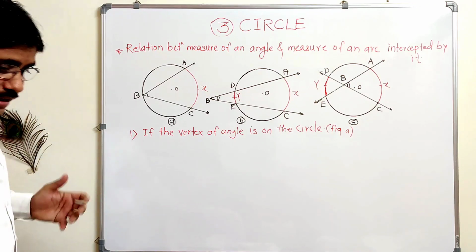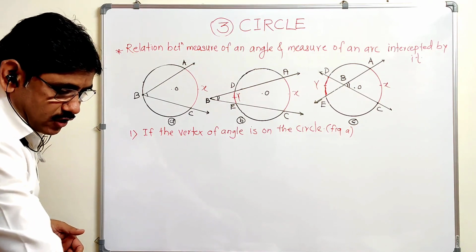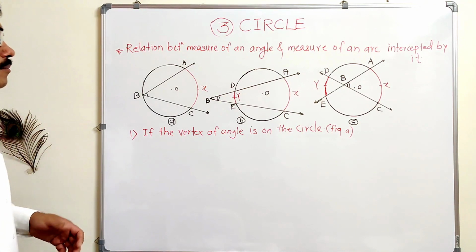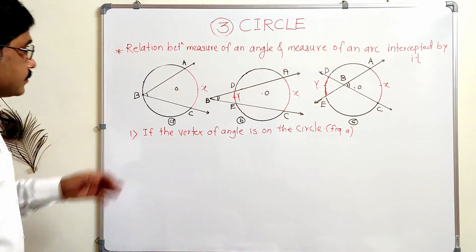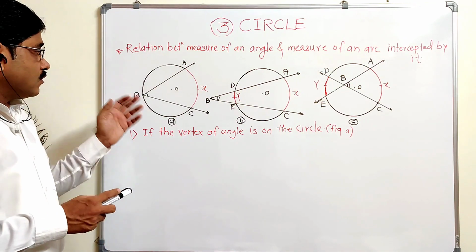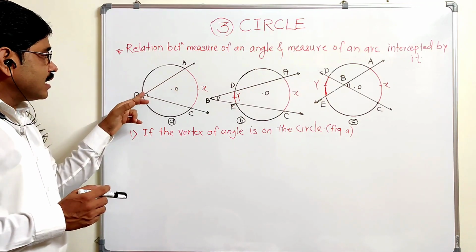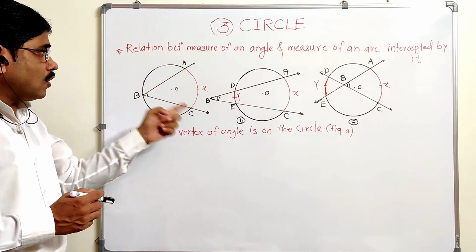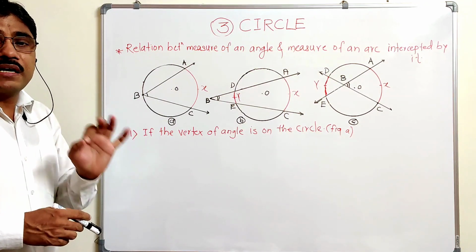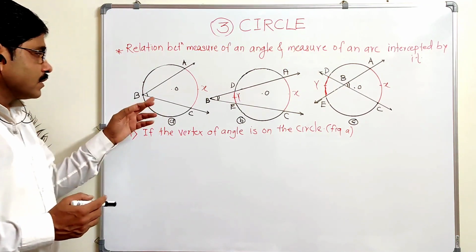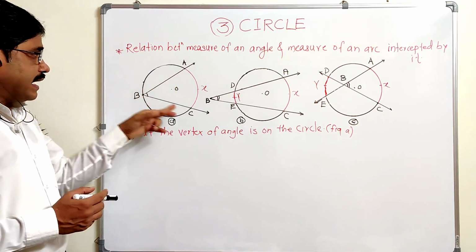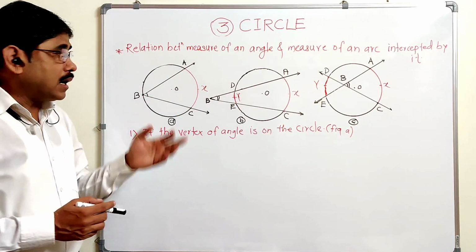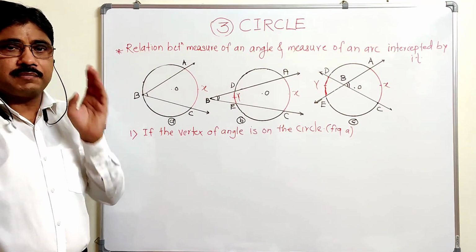Then what is the relation between the measure of angle ABC and the measure of arc AXC? The relation is that the measure of the angle is half the measure of the arc intercepted by it. Is it clear? The measure of an angle is equal to half the measure of the arc intercepted by it.